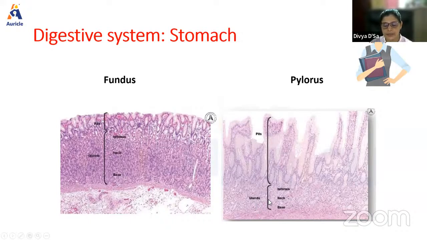And in the muscularis externa, we see 3 layers in this part, and in the pylorus, we see 2 layers. The circular muscle layer is thick in the pylorus, especially near the pyloric canal part, because there it forms the sphincter.